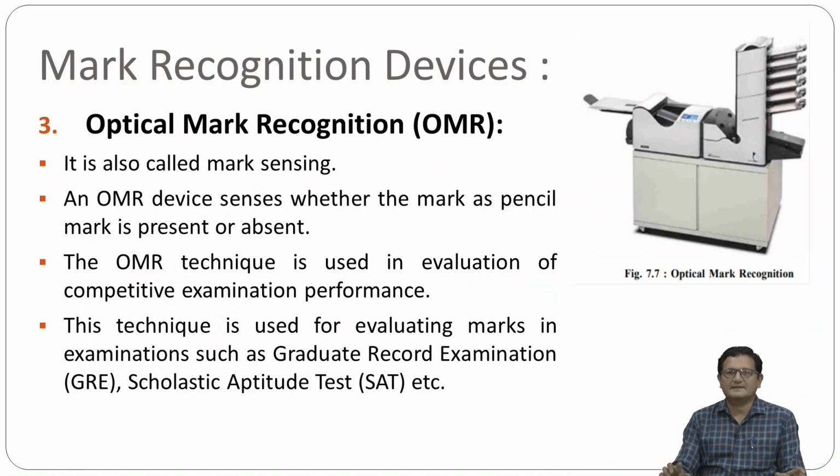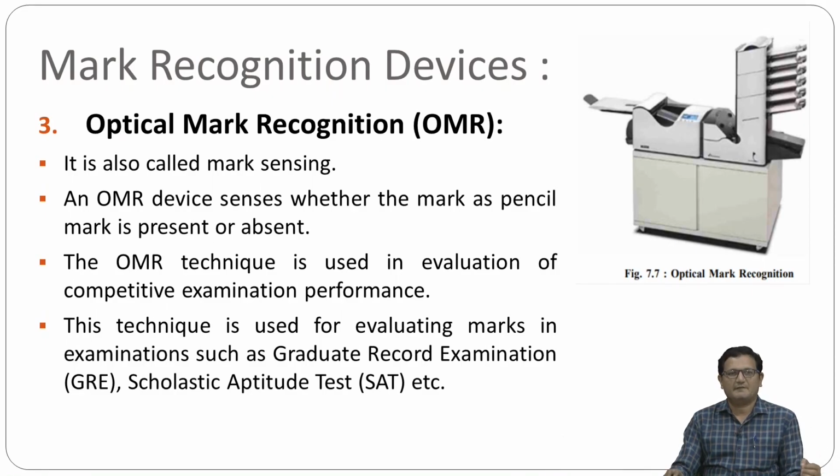So here on the right side I have shown one image. It is a machine. Now see what happened. Let's suppose there are thousands of students, and you want to take their examination. At that time, we are giving them multiple choice type questions, right?